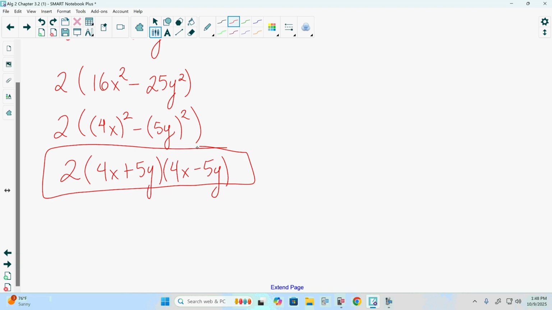We just had to get that common factor of 2 out before we could use our difference of perfect squares formula. Interestingly enough, if the greatest common factor of the two terms is a perfect square, it still factors in this form.